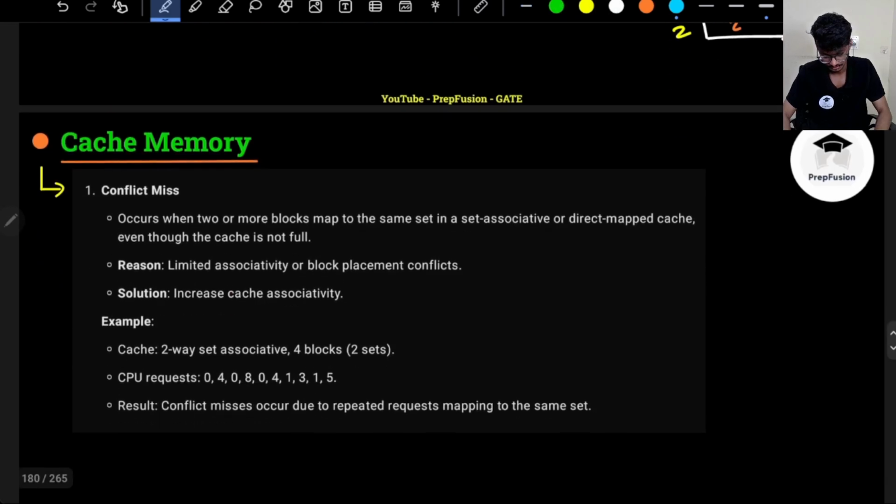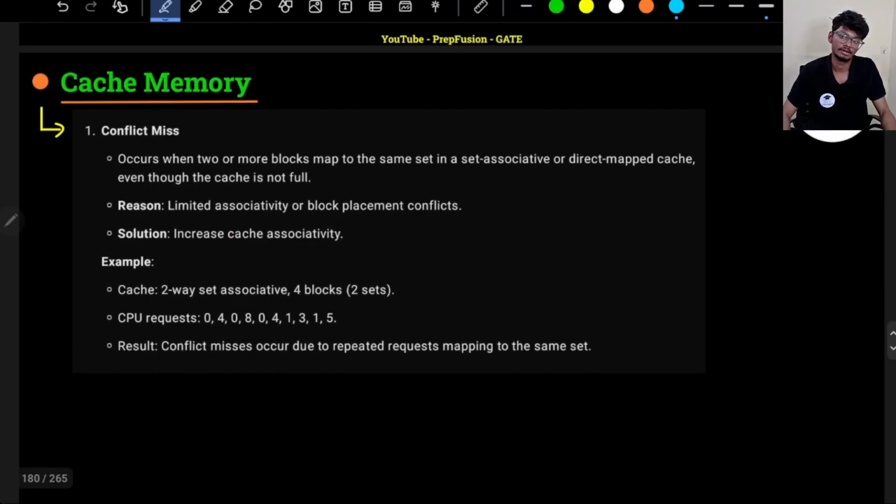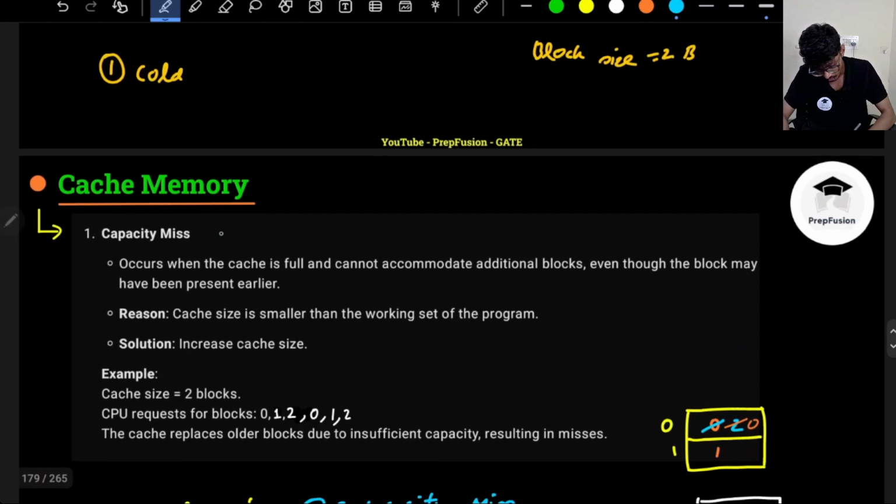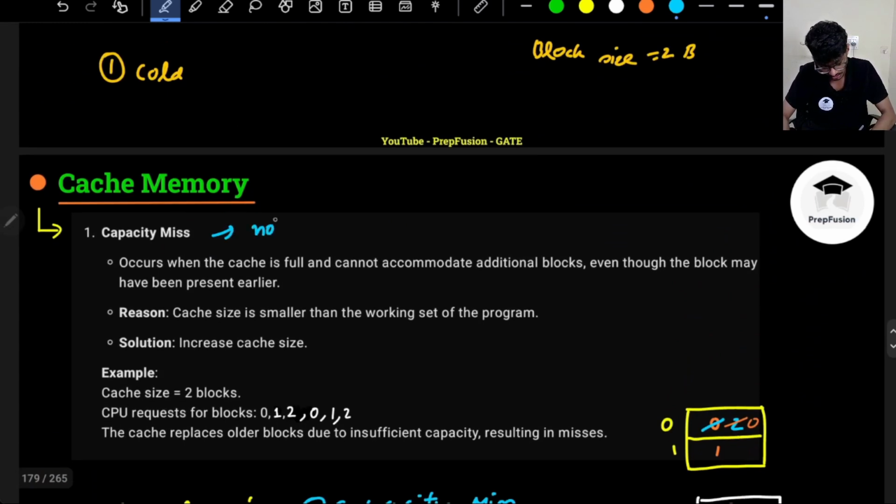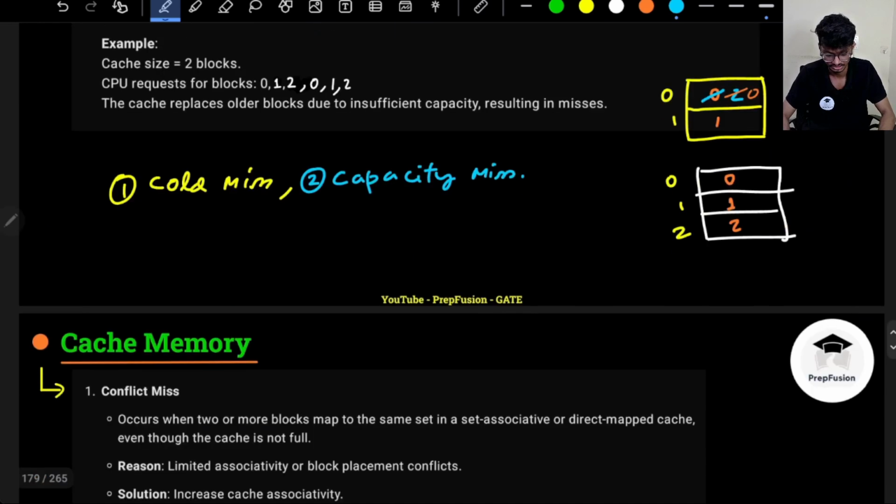You will check capacity miss only if it is not a cold miss.